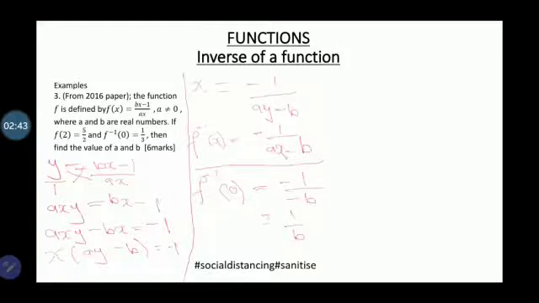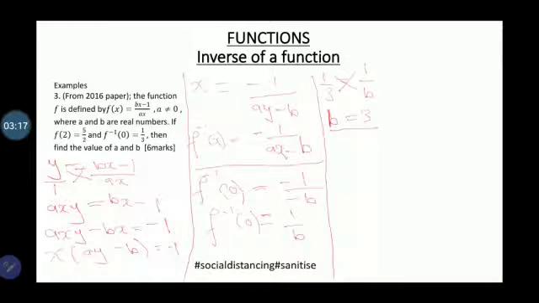So f inverse of 0 is 1 over b. However, f inverse of 0 has an exact value given, which is 1 over 3. So let's substitute 1 over 3 for f inverse of 0, so that we have 1 over 3 is equal to 1 over b. We cross multiply, b times 1 is just b, which is equal to 3, meaning our b is 3.